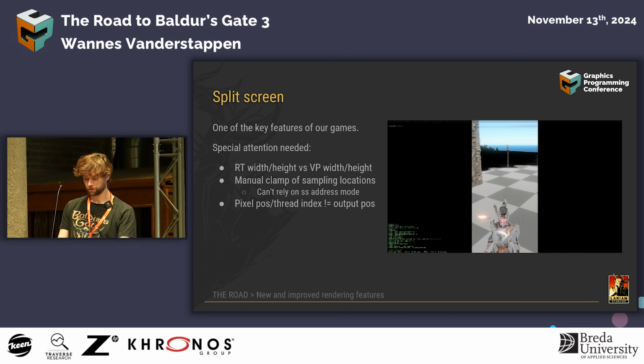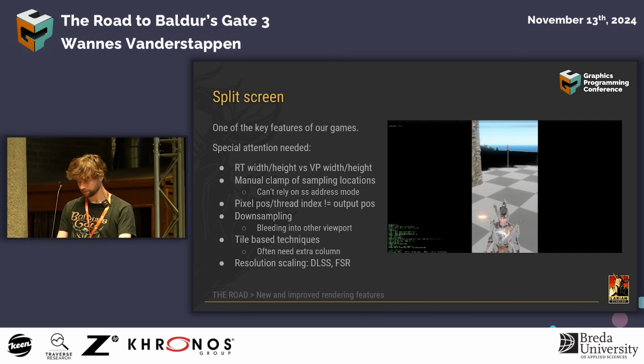When you use pixel position or thread index, that doesn't always equal the output position anymore. Downsampling is also making things more difficult, because things can start bleeding into the other viewport. And tile-based techniques often need an extra row of tiles on the edge of the first viewport. And then also resolution scaling techniques like DLSS and FSR are a very fun extra in the mix.